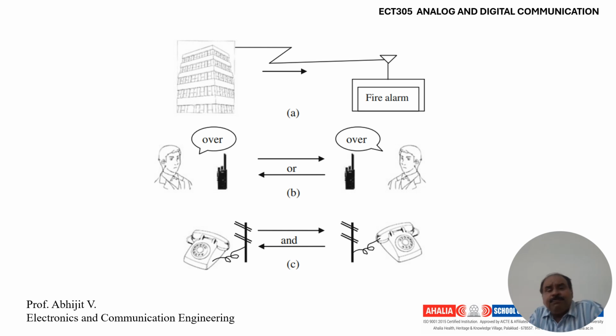The next one is the telephonic communication, where this is called as full duplex communication. In the second case, that is in the B, only one person is communicating.